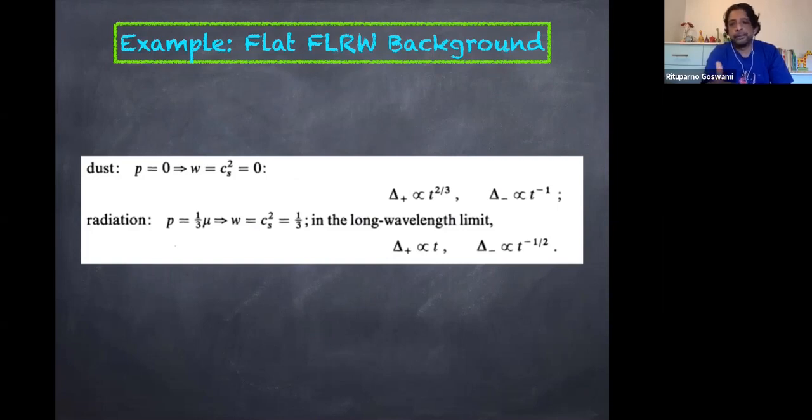In the long wavelength limit, we have the growing mode going as time, and the decaying mode going as the inverse of time, and so on and so forth. So this calculation shows that the energy density perturbation is actually unstable, and that's how structure forms in the universe. This is exactly on par with Bardeen's calculation, which was done in 1980 to show structure formation.